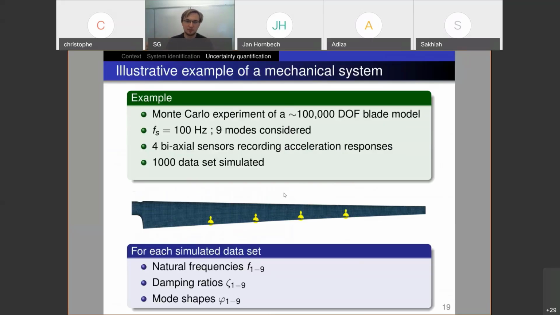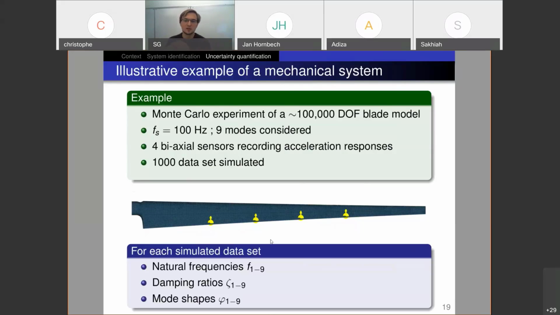In order to motivate a bit, what is this uncertainty that we are quantifying exactly? We've prepared a simple simulation of a mechanical system. This simulation is of a 100,000 degrees of freedom wind turbine blade model, which is shown here.